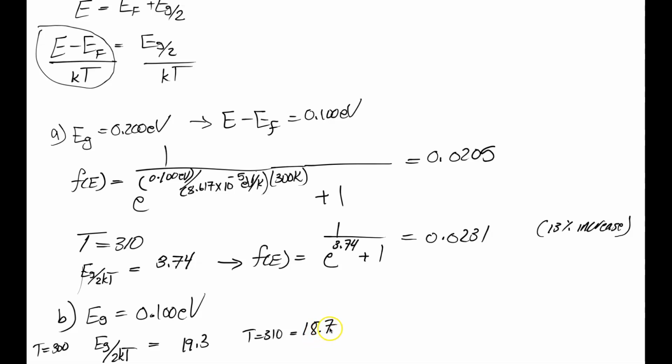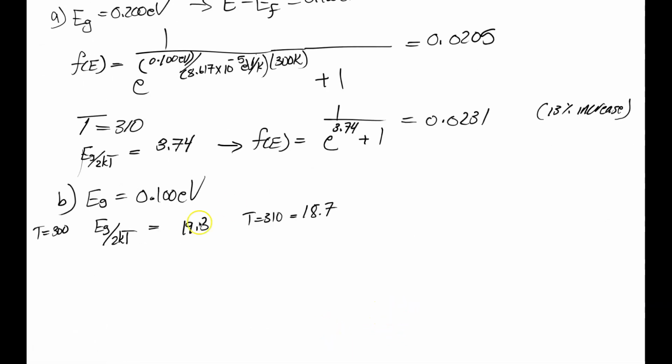and plugging these into the Fermi-Dirac probability, we get 1 over e to the 19.3 plus 1, which will give us a probability of 4.0 times 10 to the negative 9.